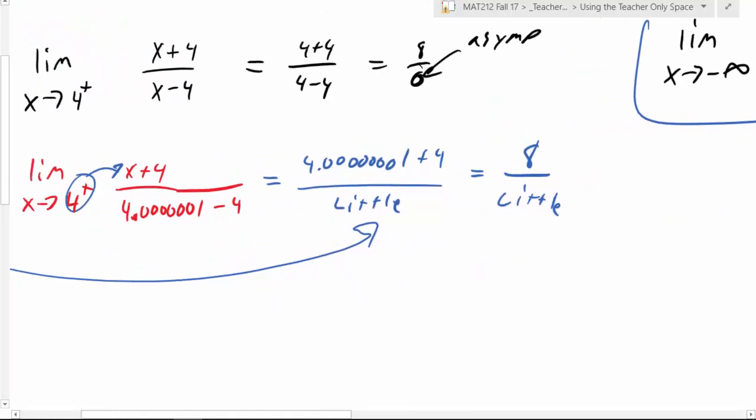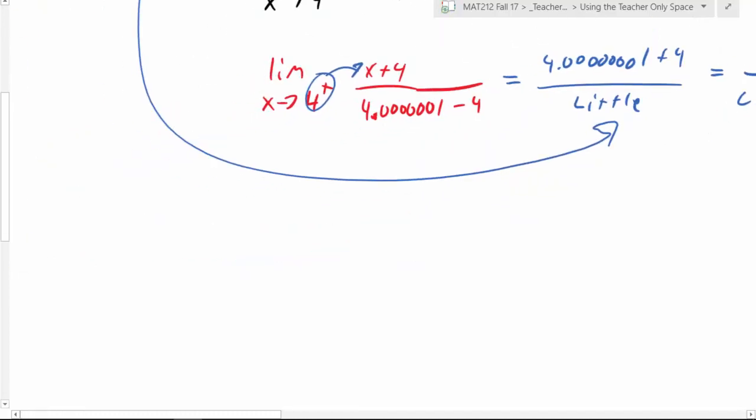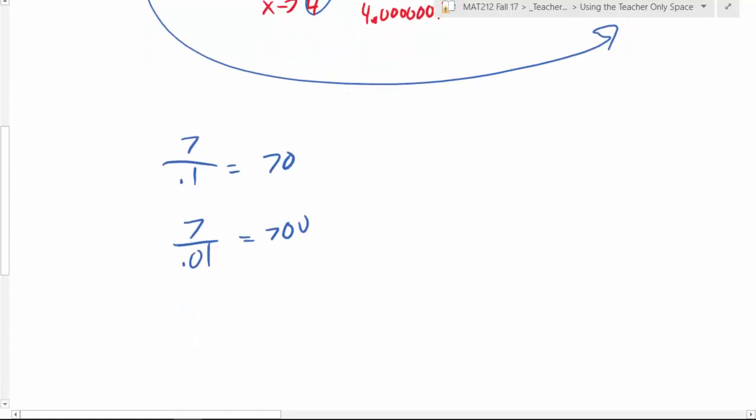Okay, so therefore, what is 8 divided by something little? Well, if I had 7 divided by 0.1, that's 70. 7 divided by 0.01, well, that's 700. And then 7 divided by 0.001, that's 7,000.